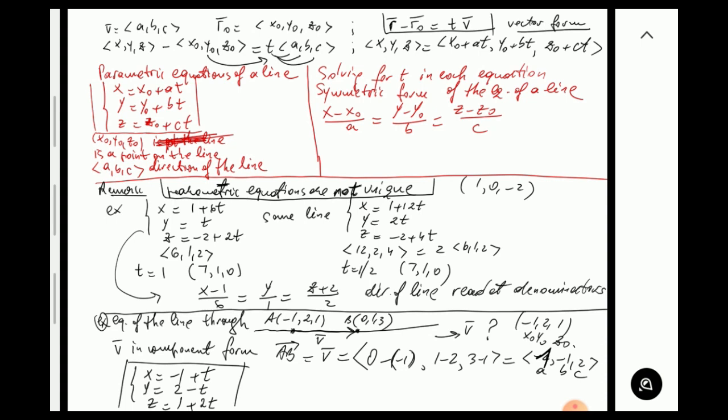All right, so symmetric forms, let's write those guys as well. So x plus 1 over 1 equals y minus 2 over -1 equals z minus 1 over 2. Notice that you prefer to leave the minus on the bottom here. So in other words, just keep the numerators as x plus or minus something, because only in those cases the denominators will indicate the correct direction of the line.